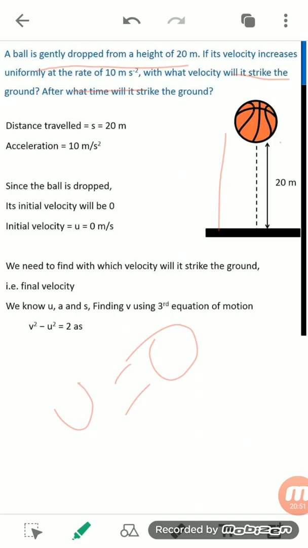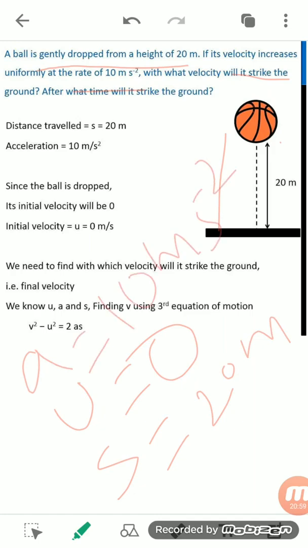Now what is given: s is equal to 20 meter, and acceleration is given, that is 10 meter per second square. So a is given, u is given, and s is given, and we have to find the value of the final velocity and the value of the time.